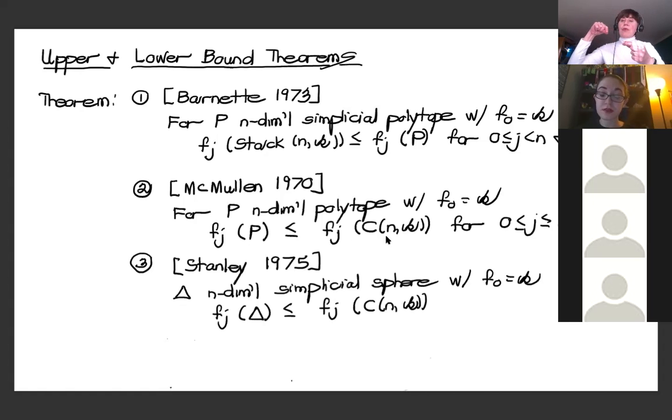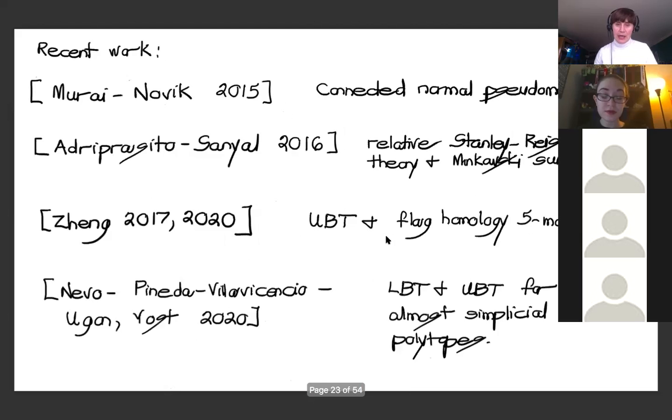You take K points on this very twisty curve, so they're in generic position, and you take the convex hull. This actually maximizes the F vector entries. And then Stanley showed a similar kind of upper bound result for something called simplicial spheres, a nice decomposition of the sphere into simplices.